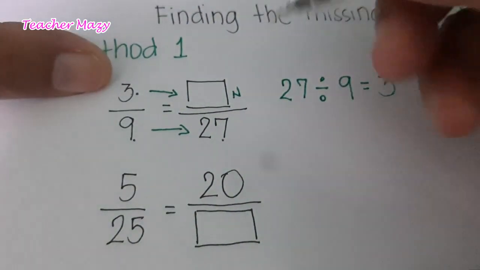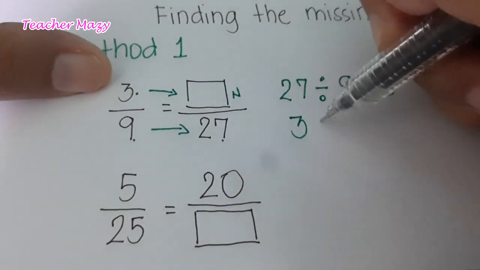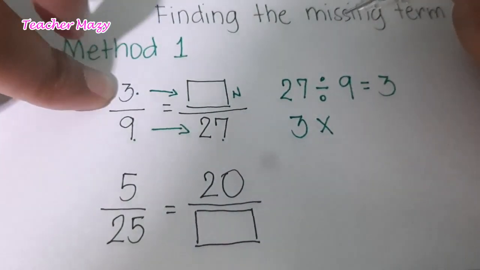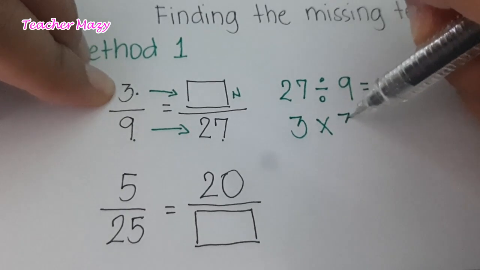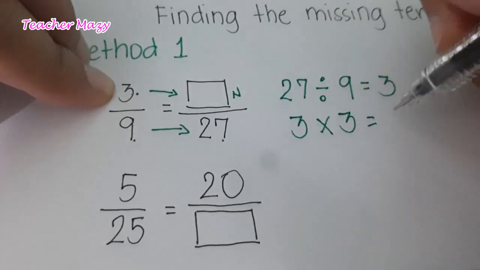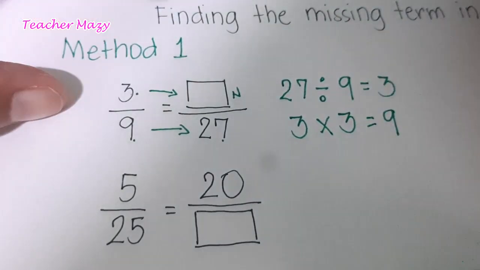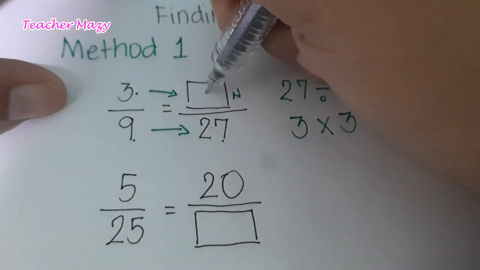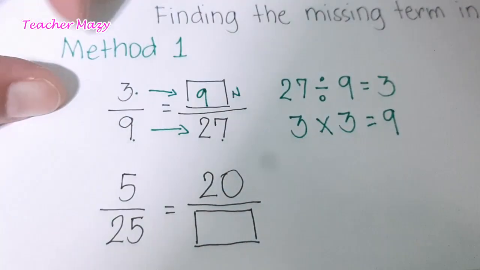So we have 3 times this number here, 3. So 3 times 3 is equal to 9. That means the missing term here is 9.